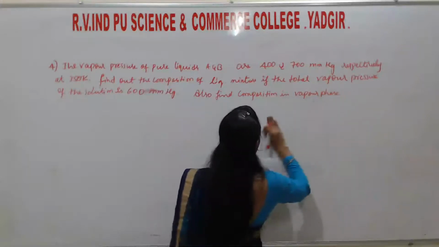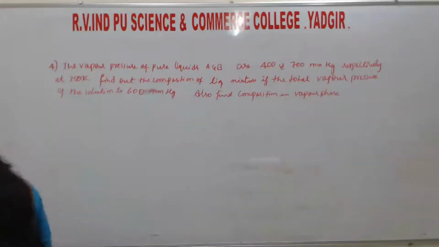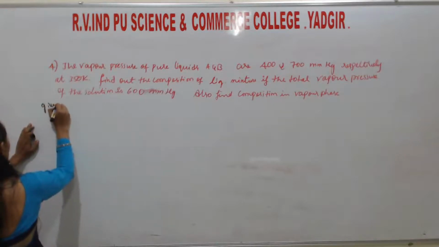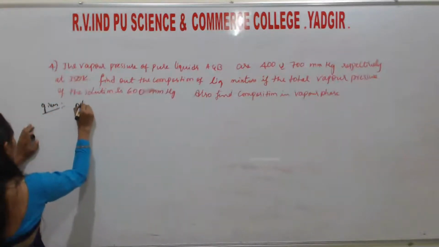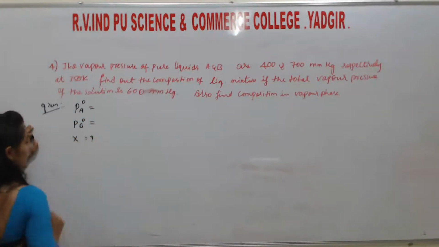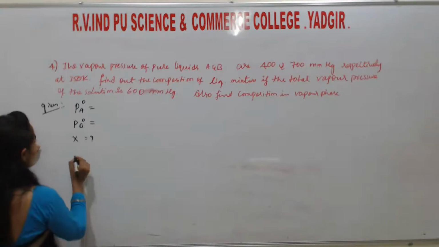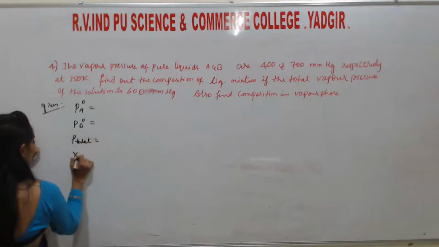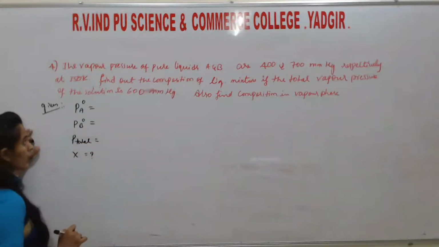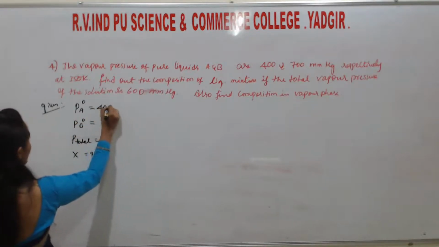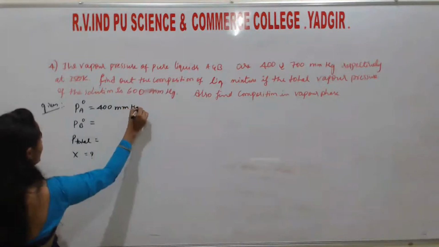So students, what are the given values here? The given values of PA naught, liquid A, PB naught is there. We have to calculate X, using this and the P total they gave. So PA naught is there, how much? 400 mmHg.